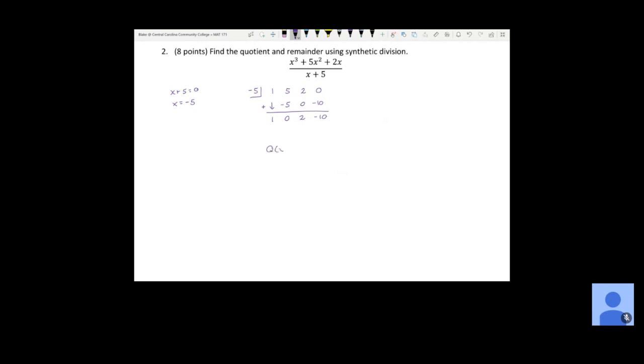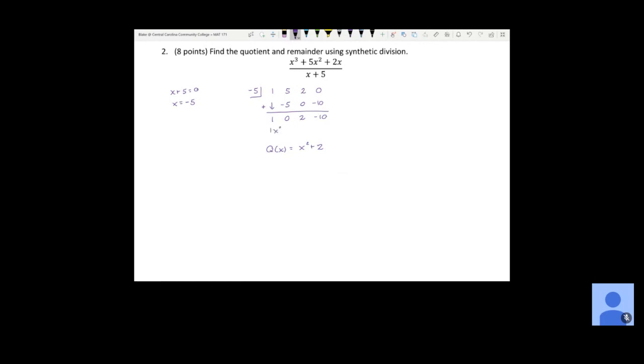So let's say the quotient, q of x. What's our quotient going to be this time? Good. So x squared plus 2. Remember, we started with x cubed this time. That means our exponent's going to go down by 1.